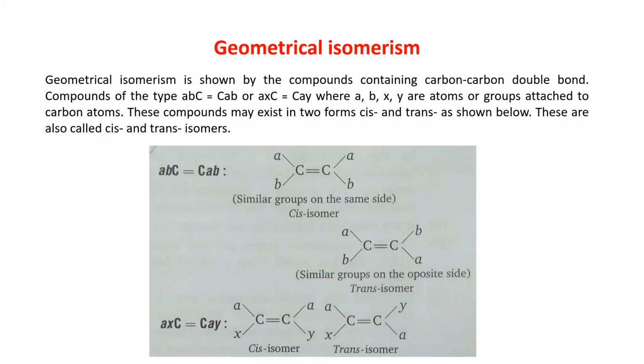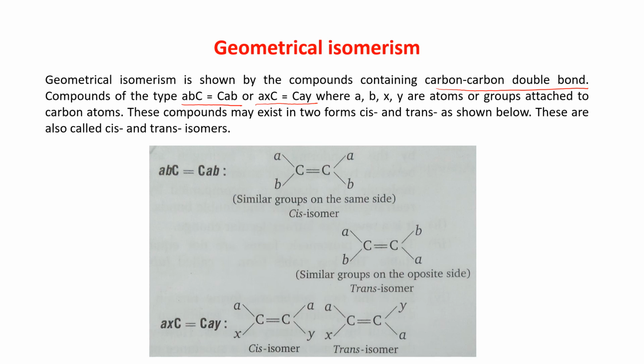Geometrical isomerism is shown by the compounds containing a carbon-carbon double bond. Compounds of the type ABC=CAB or AXC=CAY, where A, B, X, Y are atoms or groups attached to carbon atoms.